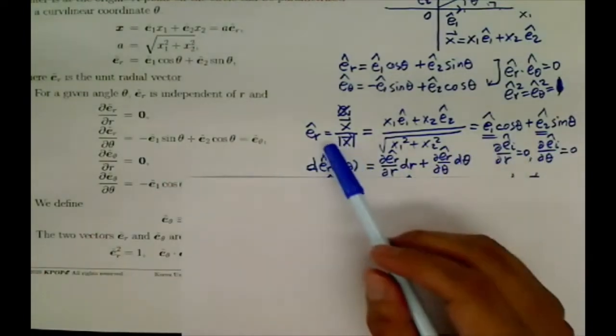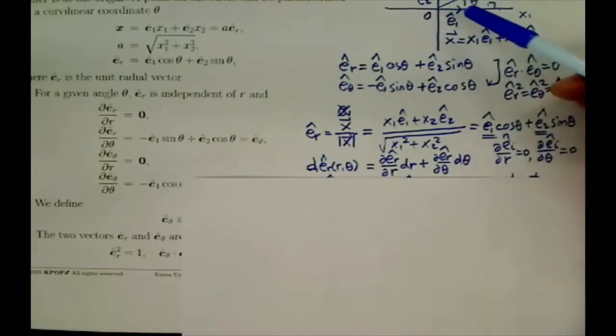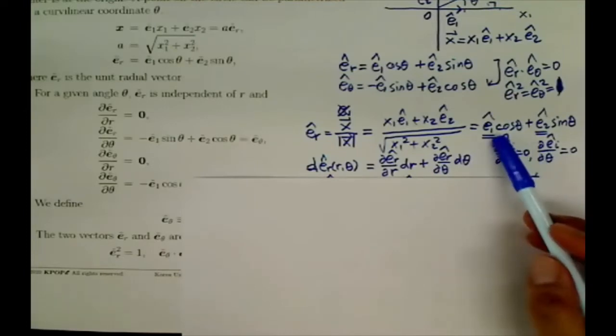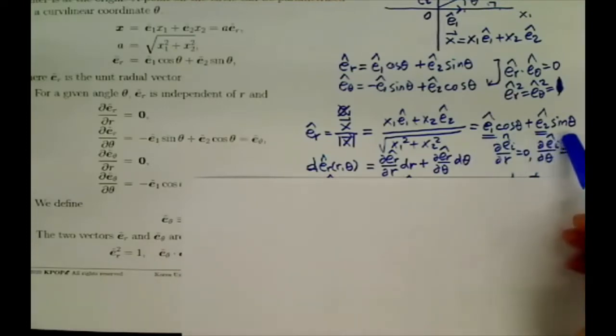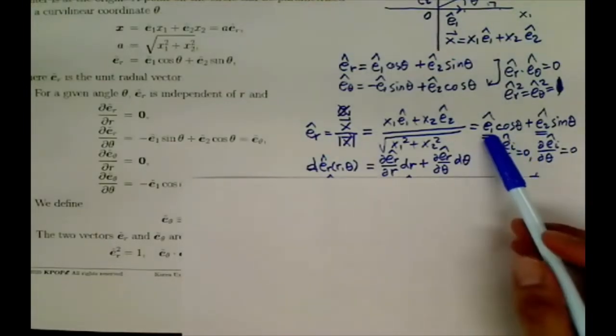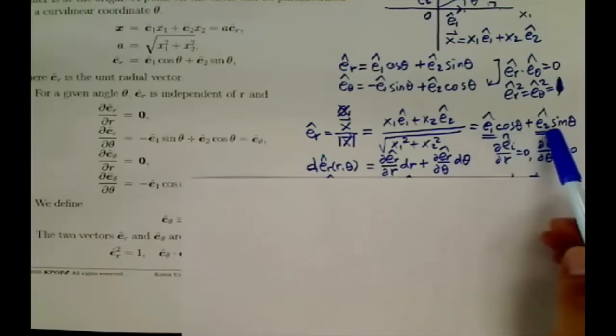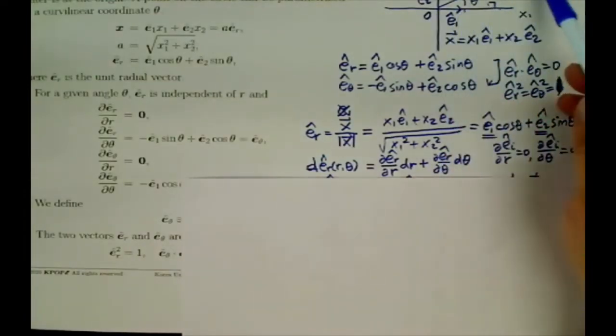What we just found is e_r hat, the unit vector along the radial direction, that is e1 hat cosine theta plus e2 hat sine theta. The unit vectors along the Cartesian axes, x1 and x2, are always the same at any point.